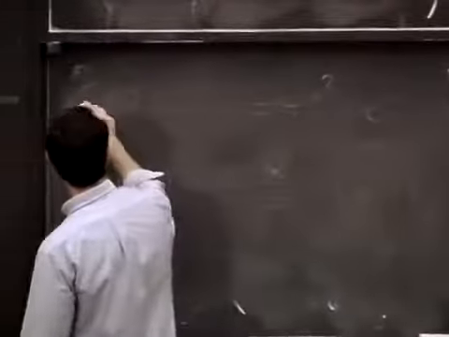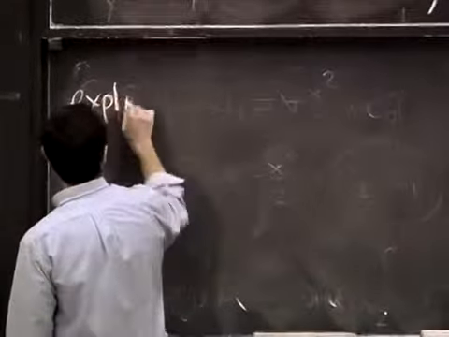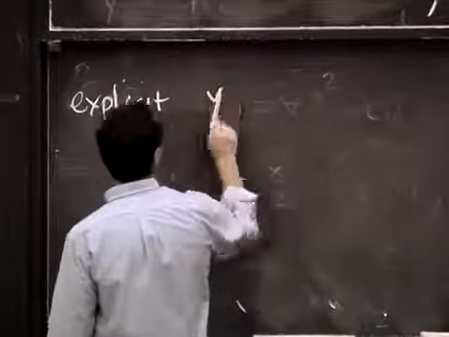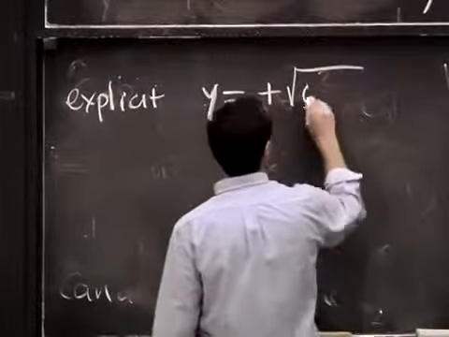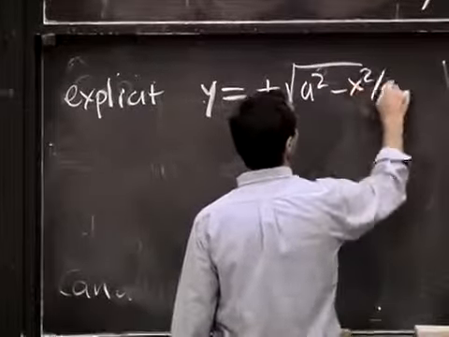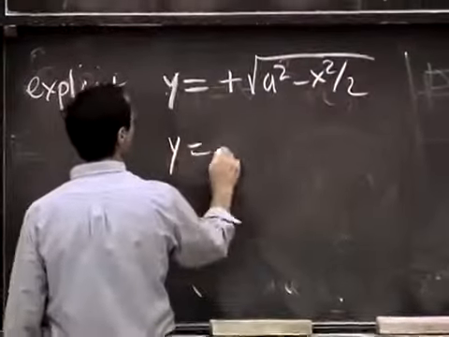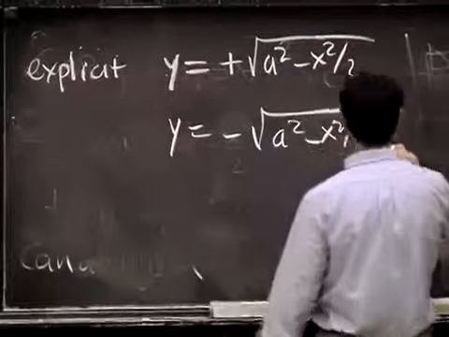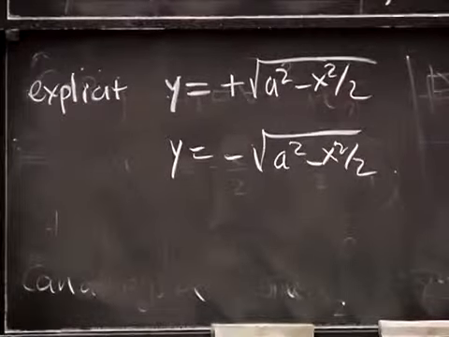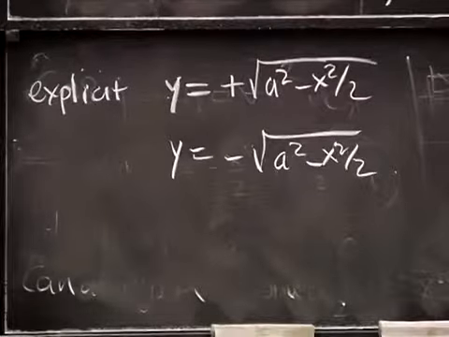But we can also have the explicit solution. And if I solve for the explicit solution, y is equal to either plus the square root of (a squared minus x squared) over 2, or y is equal to minus the square root of (a squared minus x squared) over 2. All right, these are the explicit solutions.